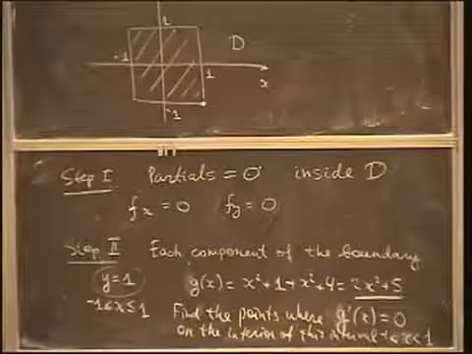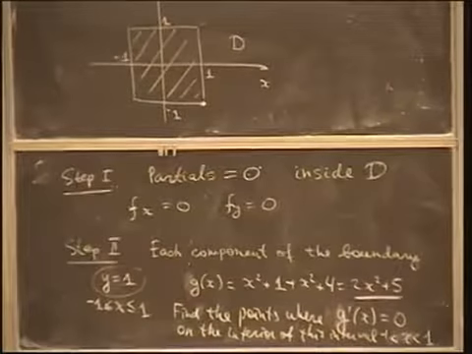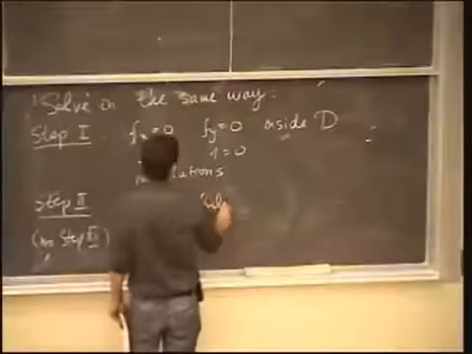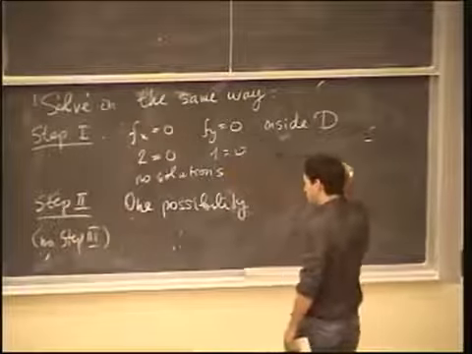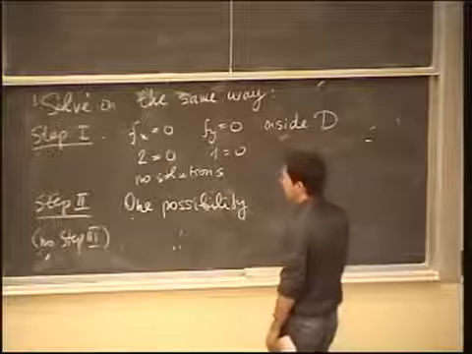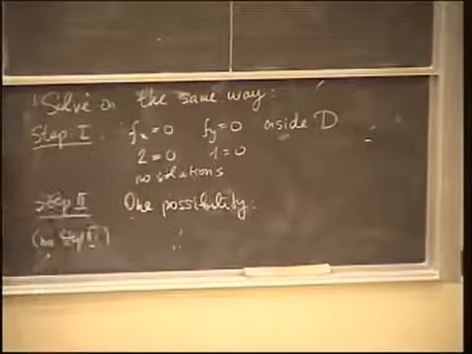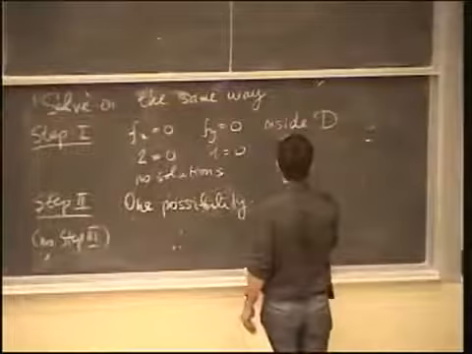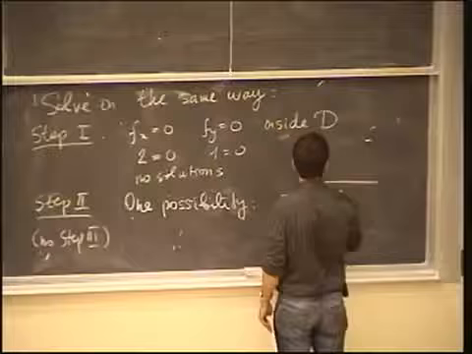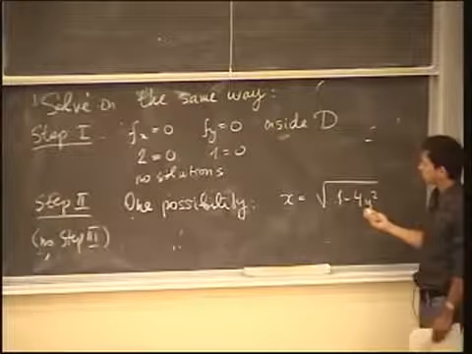Well, one possibility would be to express one of the two variables on the boundary in terms of the other. So you could write, for example, x equals square root of 1 minus 4y squared. But there is a problem.